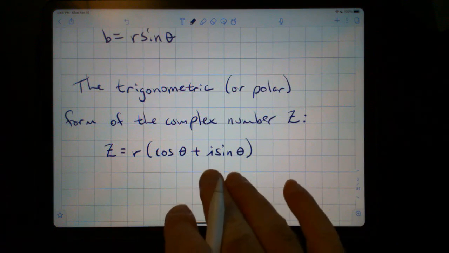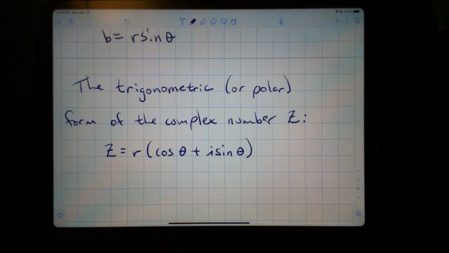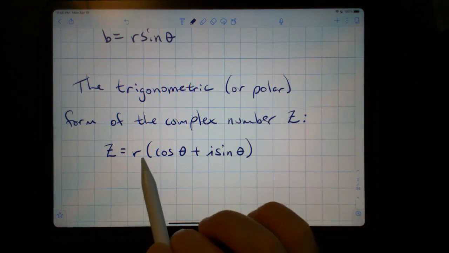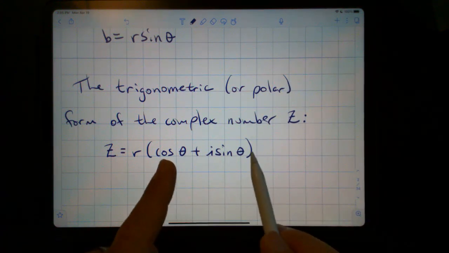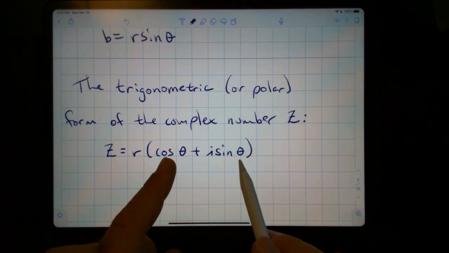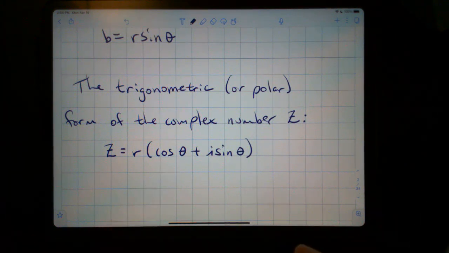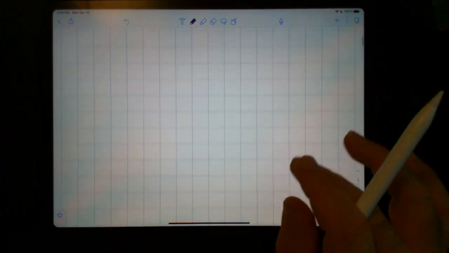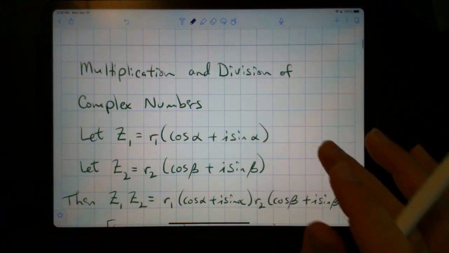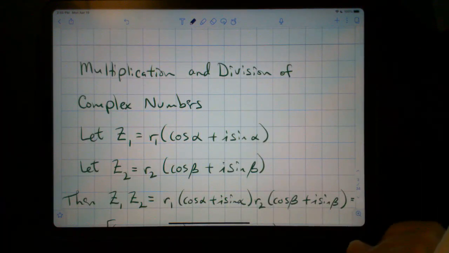Getting us into DeMoivre's theorem, the trigonometric or the polar form of the complex number z is going to be r times cosine theta plus i sine theta. Multiplication and division of complex numbers.